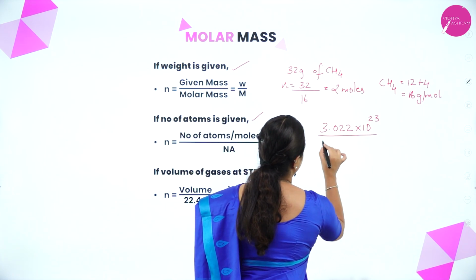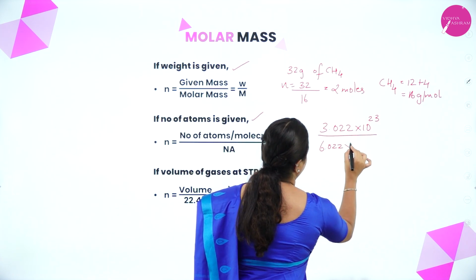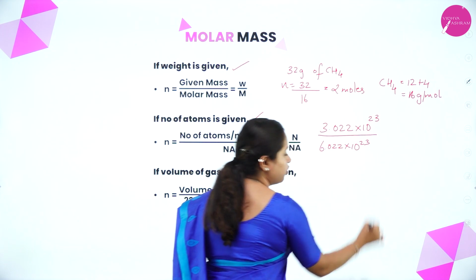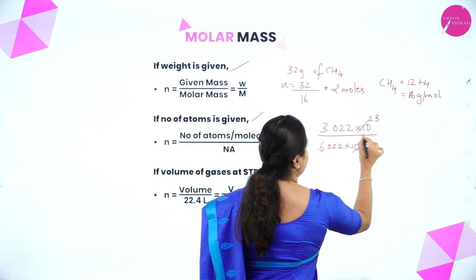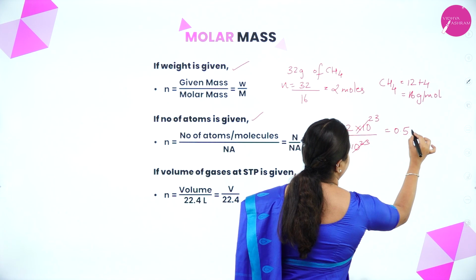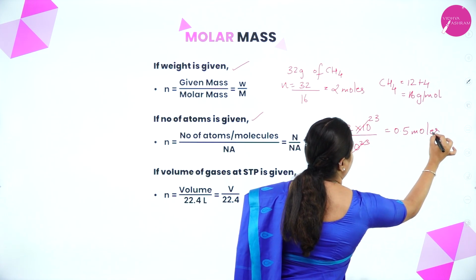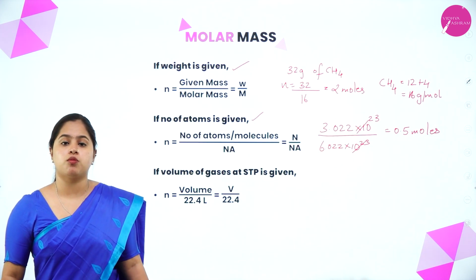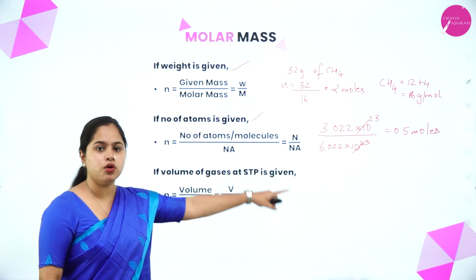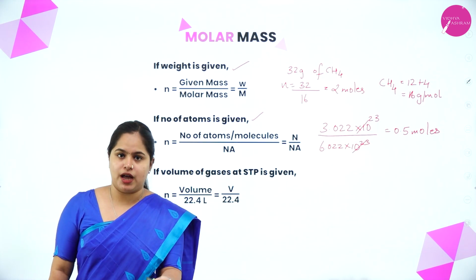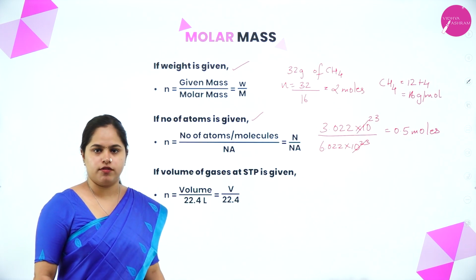You have to divide it by 6.022 into 10 to the power 23, that is your Avogadro number, which will give you 0.5 moles, right? So if the number of atoms or molecules is given, you just have to divide the given number of atoms or molecules by your Avogadro number.